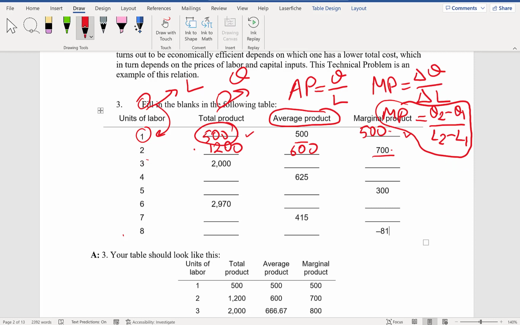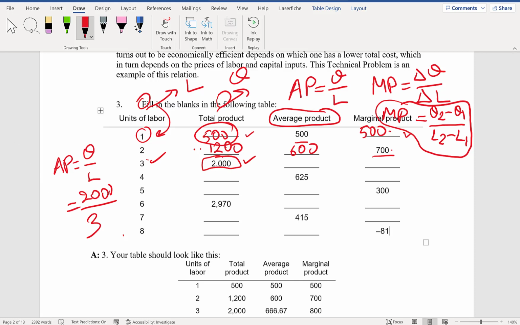Okay, next we are given that total product goes up from 1200 to 2000. So it's really easy to find the average product here. Why? Average product is quantity divided by labor. Quantity is 2000 units divided by 3 workers.